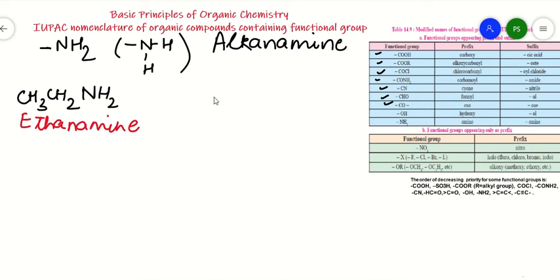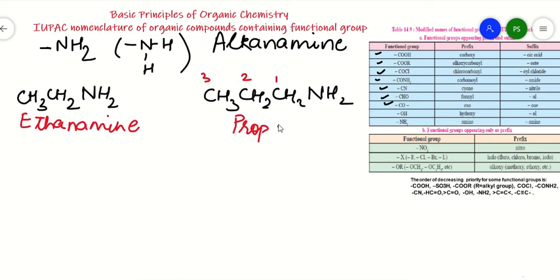For example, you have CH3, CH2, CH2 and NH2. Since it has 3 carbon atoms, the name is propanamine.